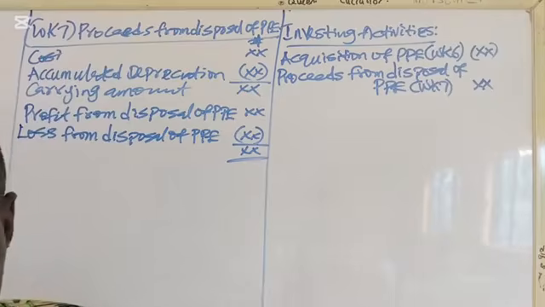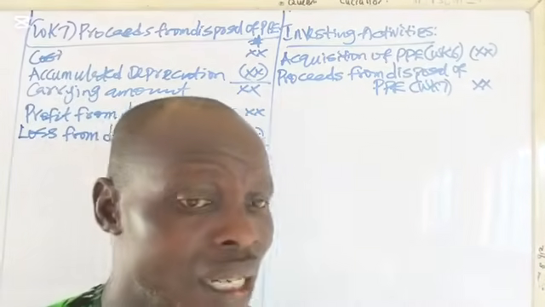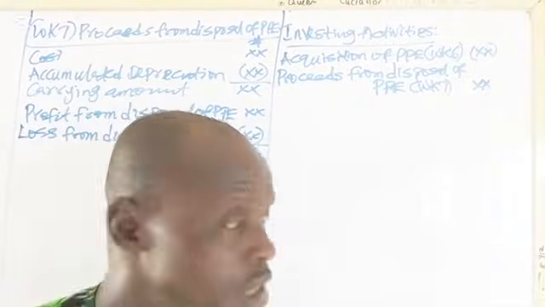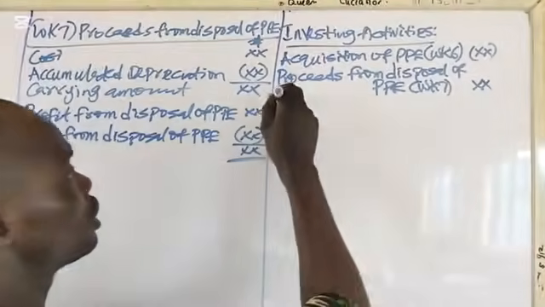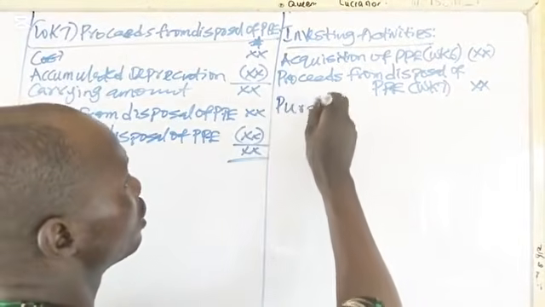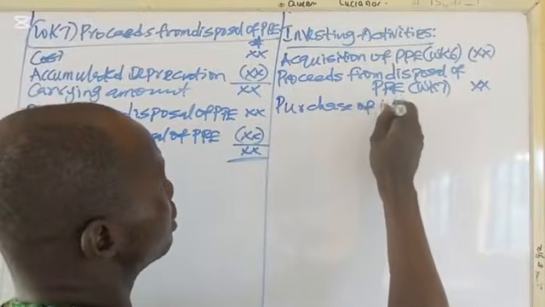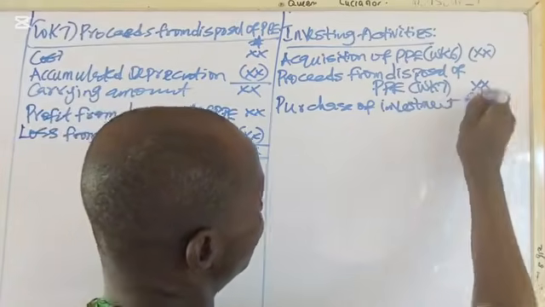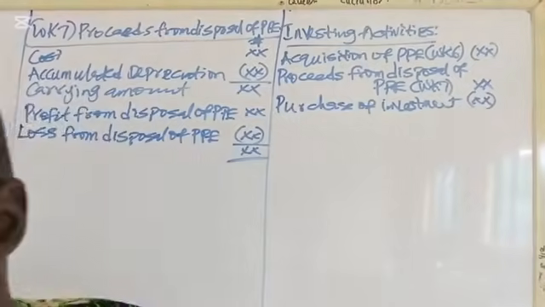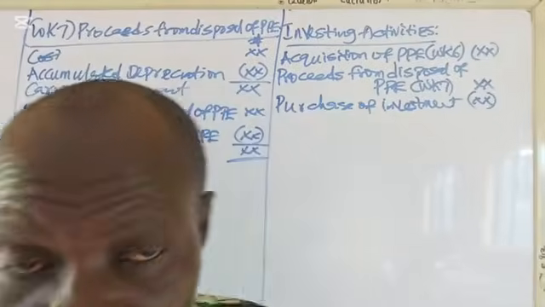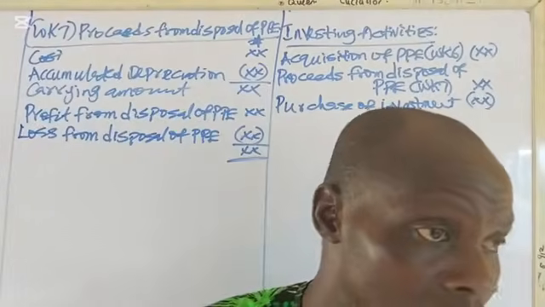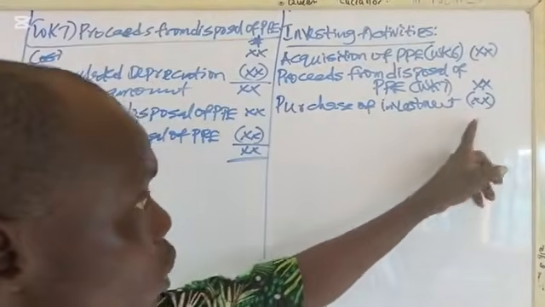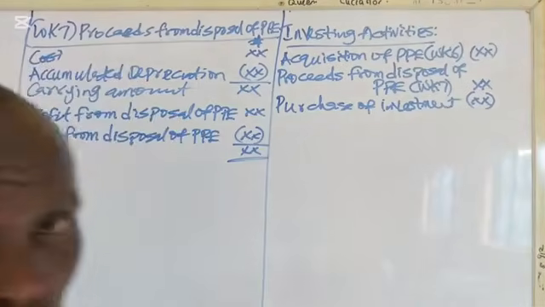It is this proceed that will be recorded as an inflow under investing activities. Remember, I've told you investing activities arise from changes in non-current assets. So, purchase of investment. In case you have purchase of investment, you can check the movement in investment, where the closing balance of investment is greater than the opening balance. That means there could be purchase of investment, which will result in an outflow of cash.